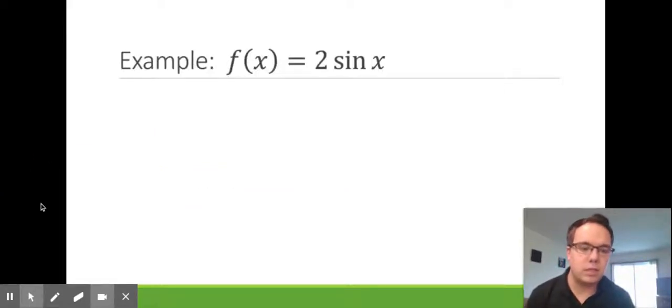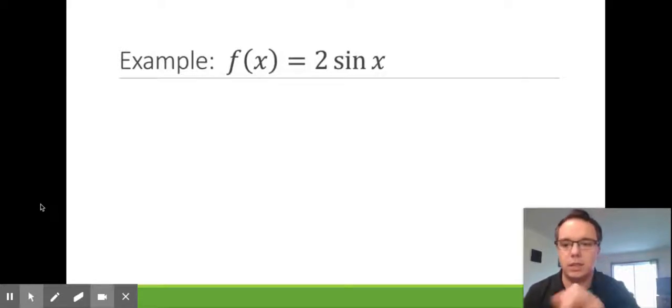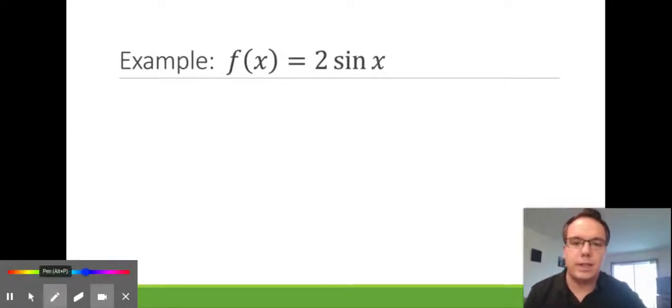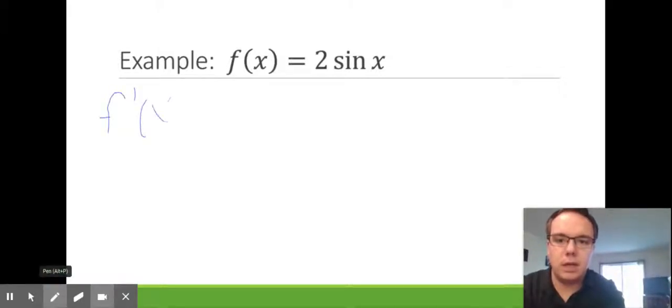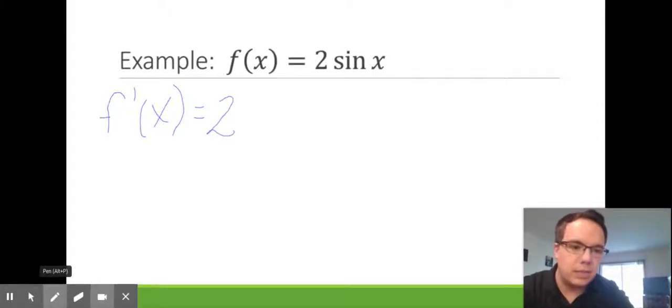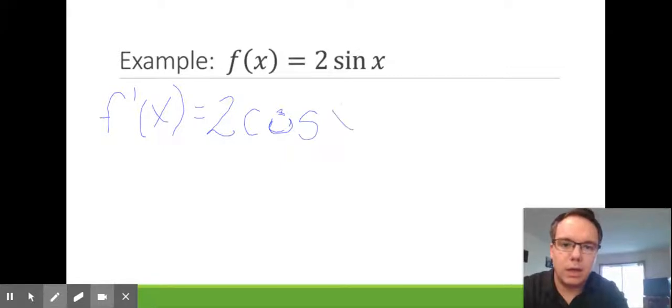So the first one is just using the rules we just learned. If we're going to find the derivative of 2 sine x, the derivative of our function is going to be 2 times the derivative of sine of x, which is cosine of x, and that is it.